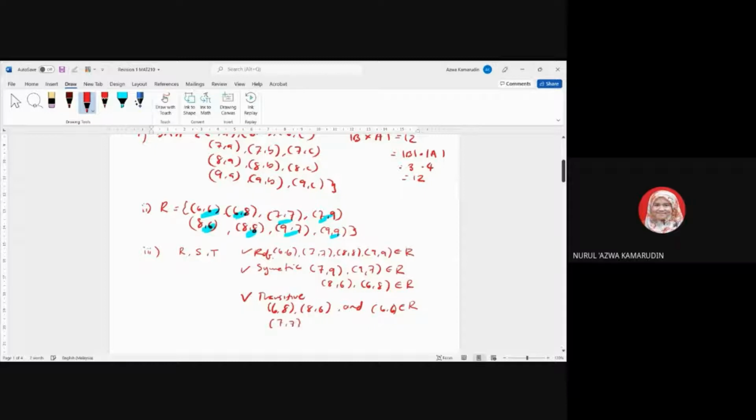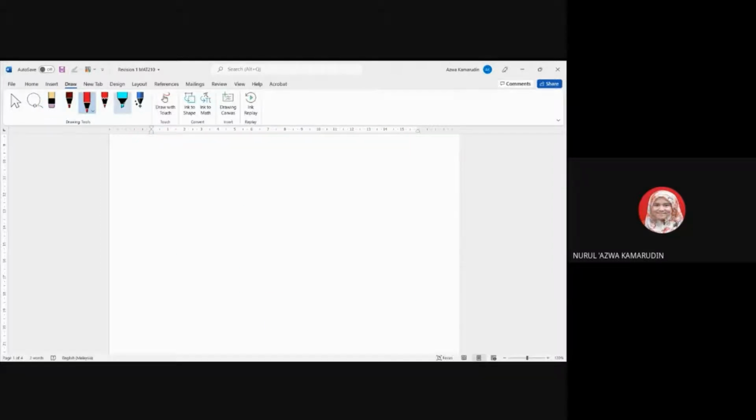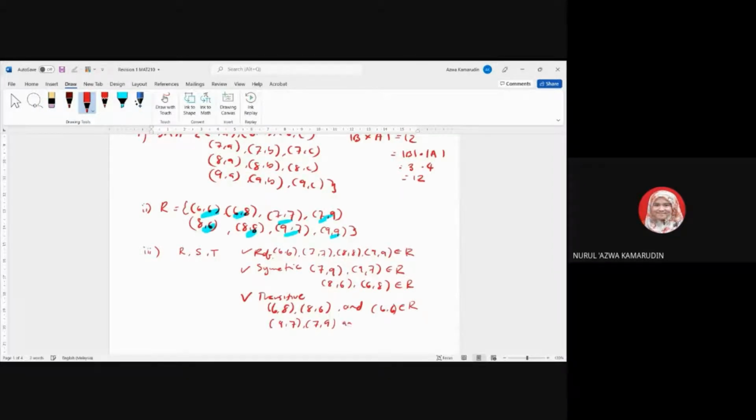Kita ambil contoh lain, 7, 9, 9, 7. Dapat produk 7, 7 dalam R. Okay, kita ambil contoh lain, 7, 9, 9, 7, dapat 9, 9 dalam R. And then lastly you buat untuk 8, 6, 6, 8. 8, 8 pun ada dalam R.